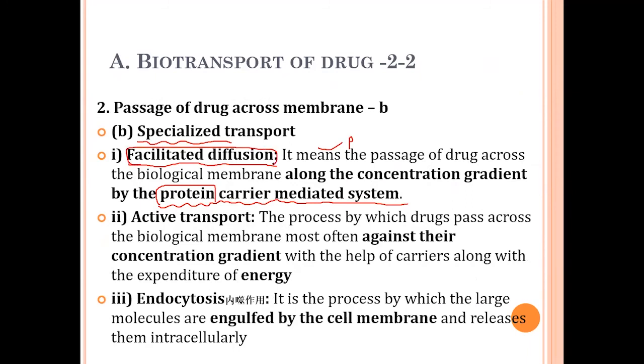So don't confuse them here. They don't need energy, but they need protein. They still go from the high concentrated part to the low concentrated part. The difference is just that they use protein. The second special way of transmission we name active transport.